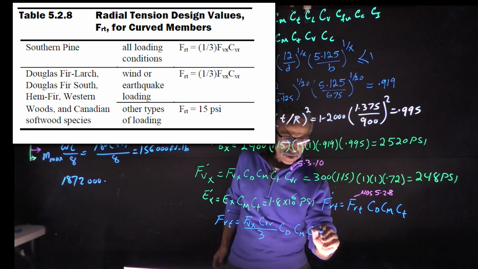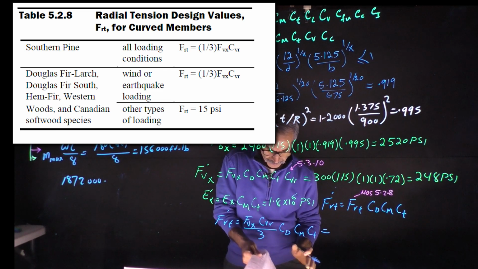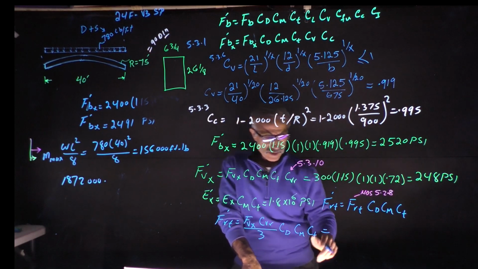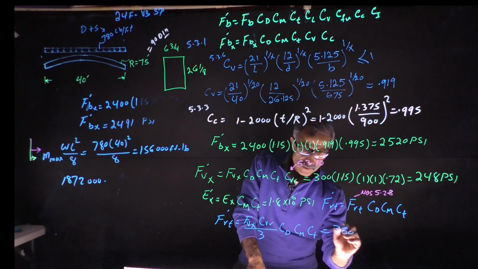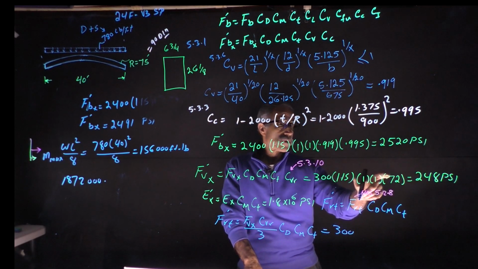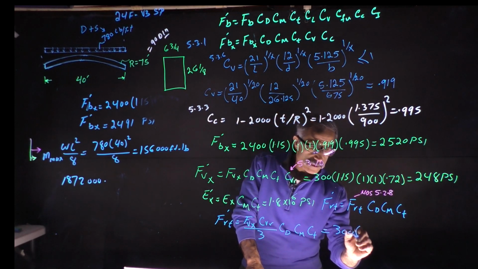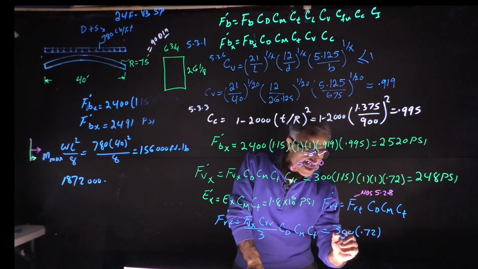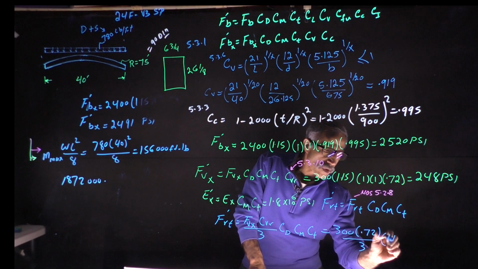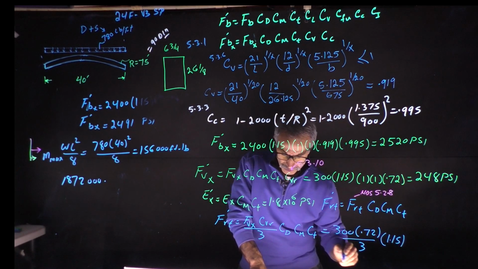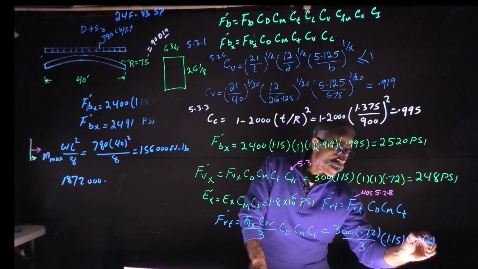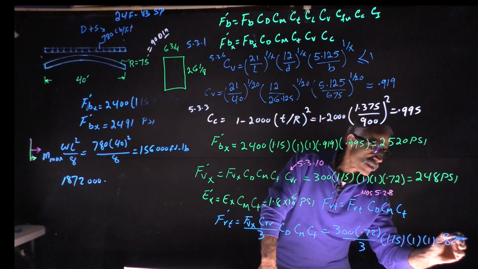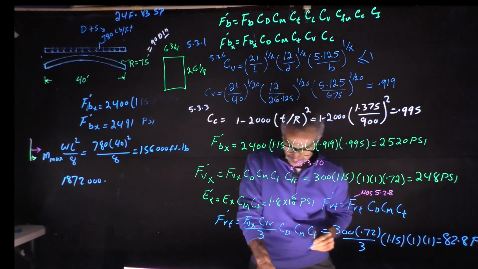If you plug it in, it's going to come out to 300. We know it's 0.72 from here, divide that by 3, multiply by 1.15, and multiply by 1 and 1, and that comes out to 82.8 psi. Okay.